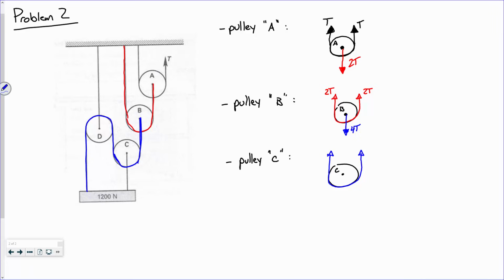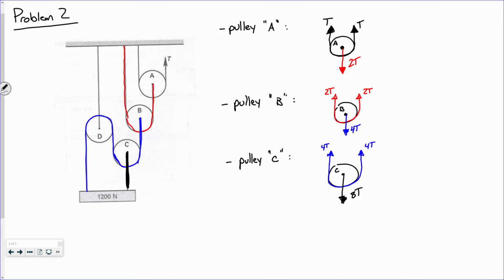I cut here and here, right through each one. So this is 4T and this is 4T. So what does that make this right here? 8T. Sound good?